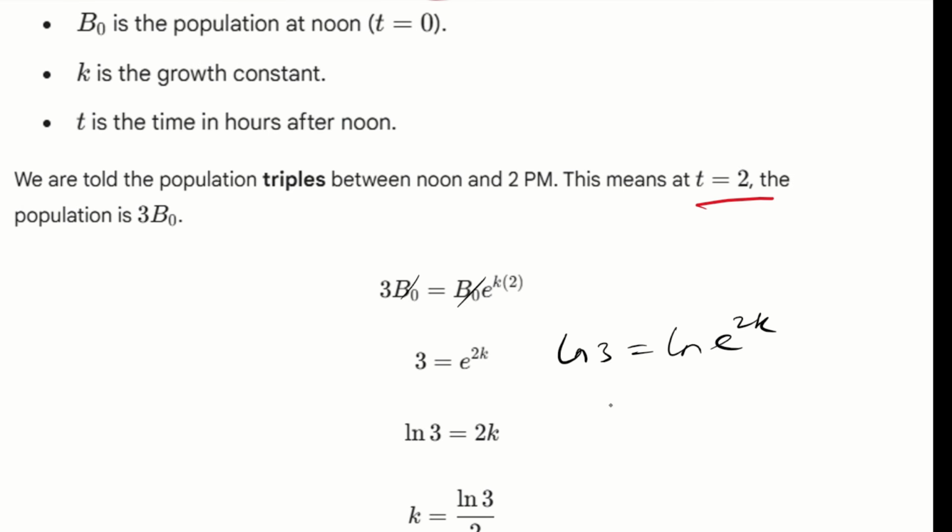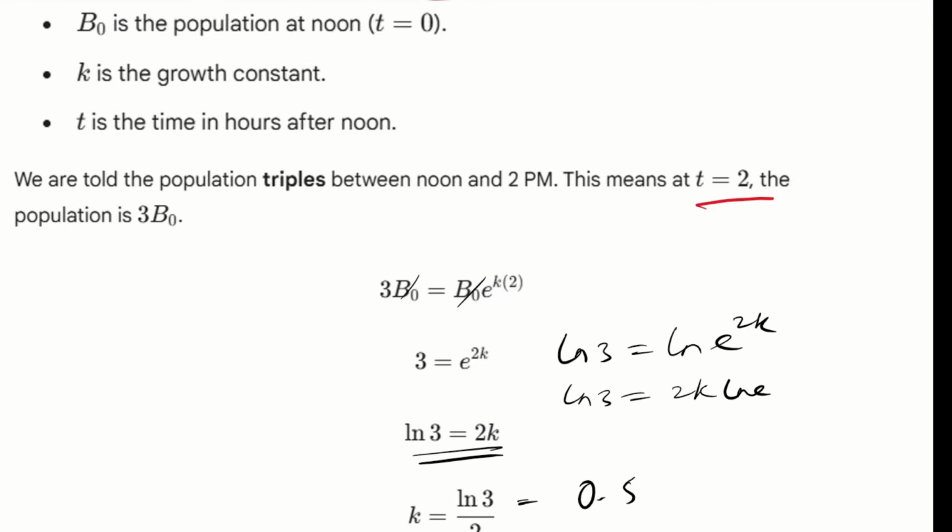But ln e is 1, therefore ln 3 equals 2k, so k equals ln 3 by 2. Using the calculator, press the ln button: ln 3 divided by 2 equals 0.5493.